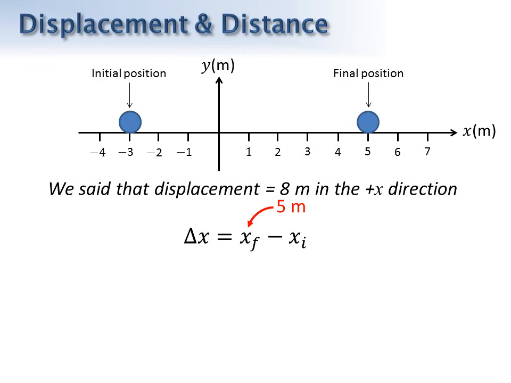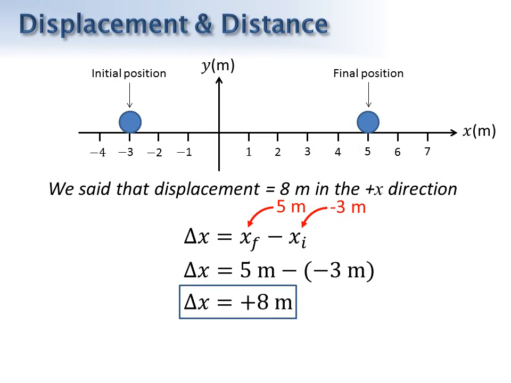X final is 5 meters. X initial is minus 3 meters. So we have 5 meters minus minus 3 meters, so that comes out to be 5 plus 3, or positive 8 meters. That is actually the same thing we just said, because this positive here means the positive x direction. So we get the same answer.